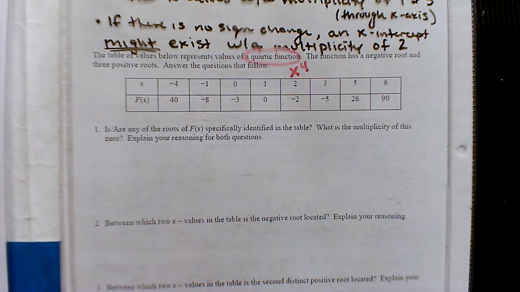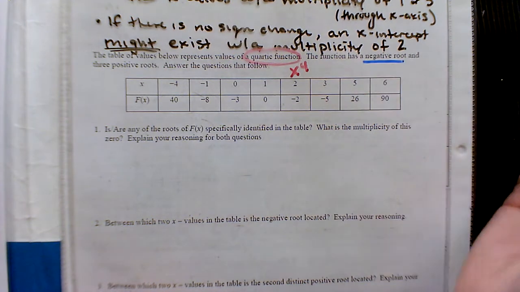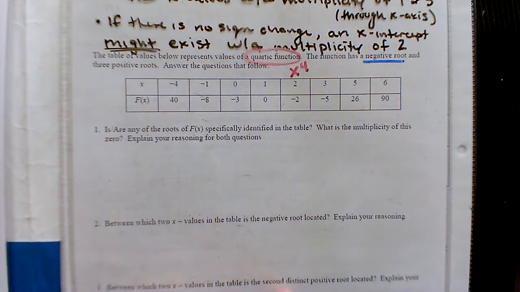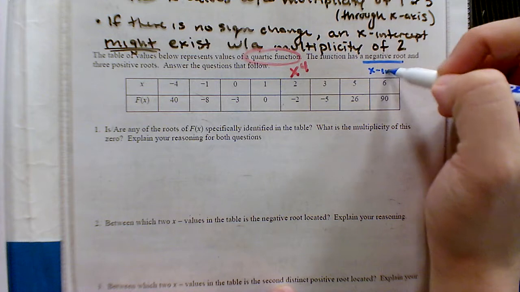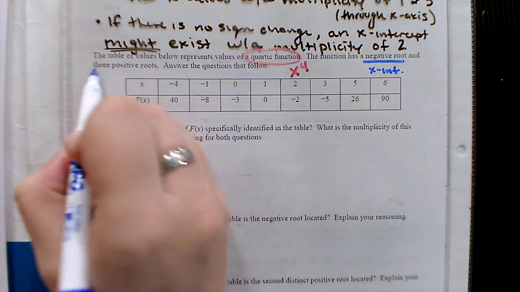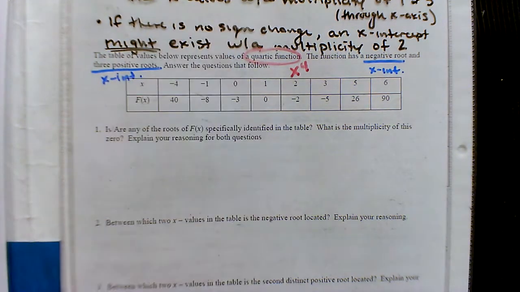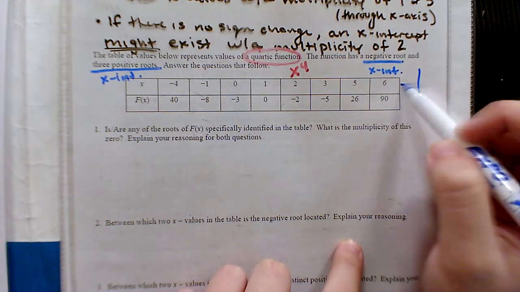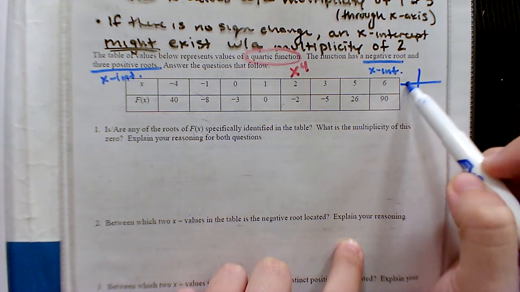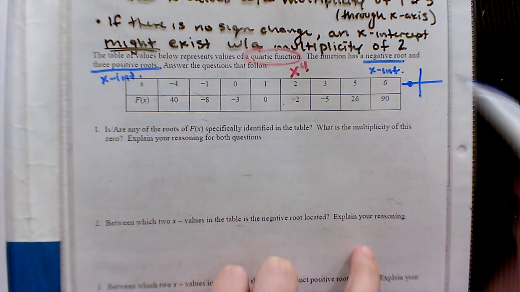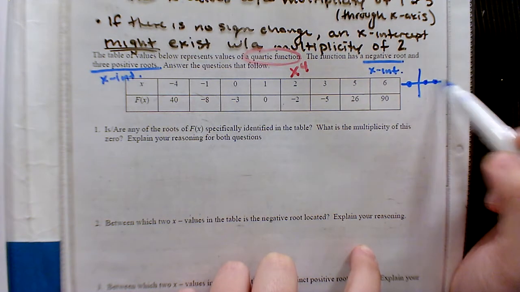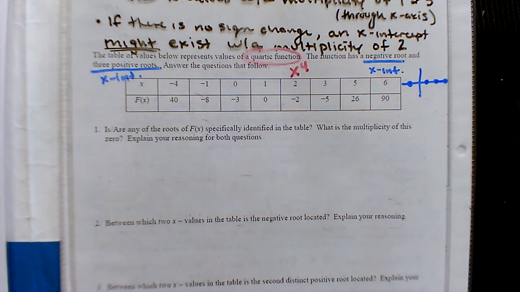And then they go on to say we have a negative root, meaning a negative x-intercept, and then we have 3 positive roots. So if you think about a graph, we know we have 1 x-intercept somewhere on the left, and then 3 other ones on the right. One's negative, 3 are positive.